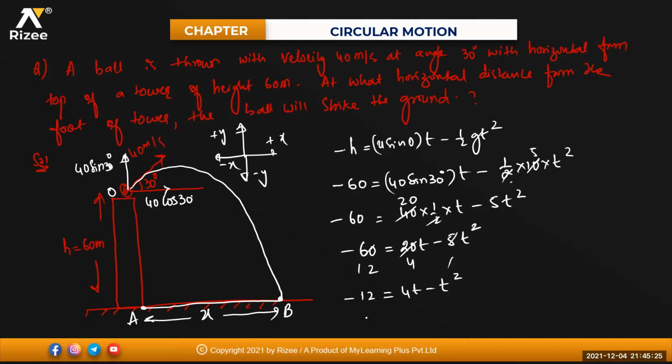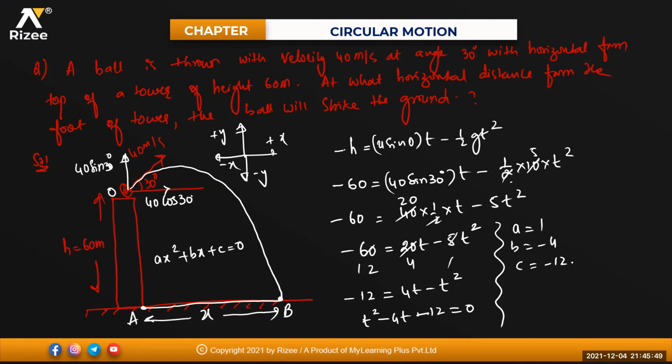That means I can write this as t square minus 4t minus 12 equals 0. If you see it carefully, is it not like a quadratic equation, ax square plus bx plus c equals 0? That means in the given problem, what is the value of a? A value is 1, b value is minus 4 and c value is minus 12.